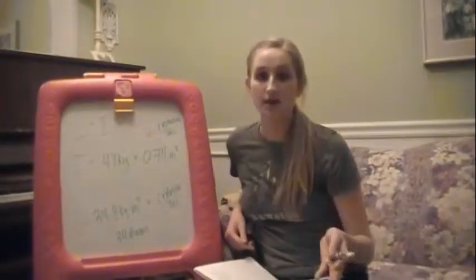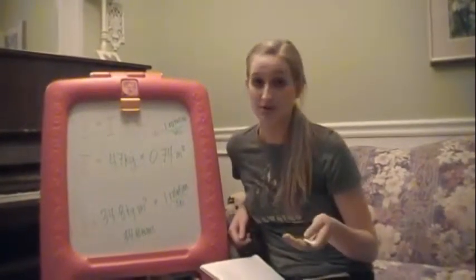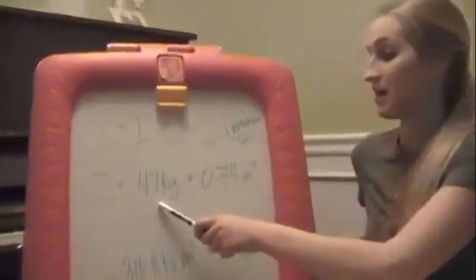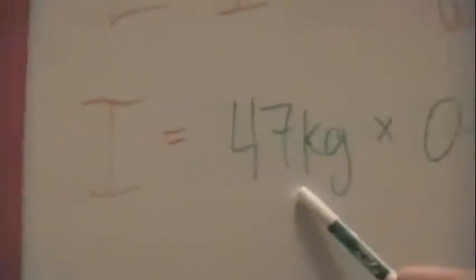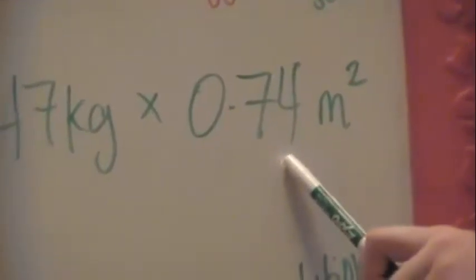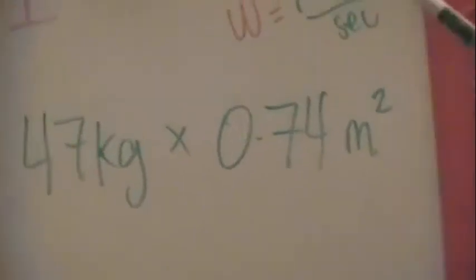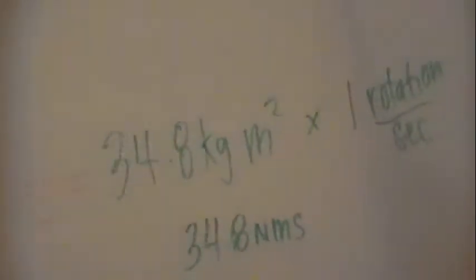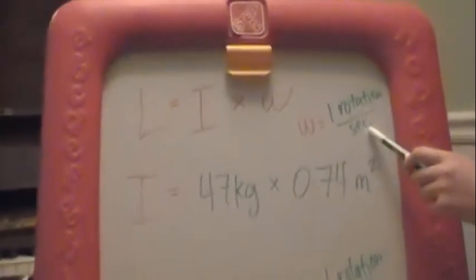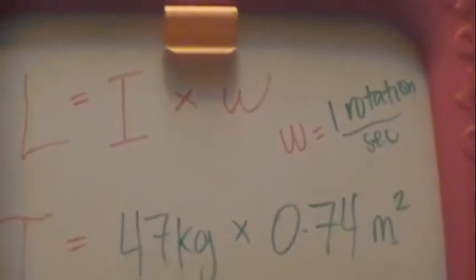We will now calculate her full angular momentum because we have found her rotational inertia by multiplying her mass, which is 47 kilograms, times the length of her leg, which is 0.74 meters, and it has to be squared. We multiply all this together, also by her angular velocity, which is 1 rotation per second because she spun once in 1 second.